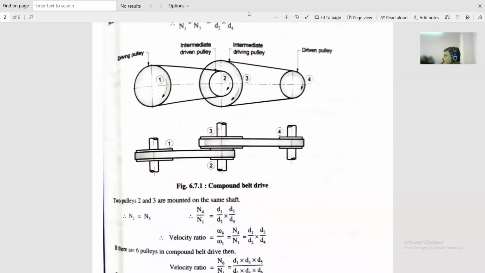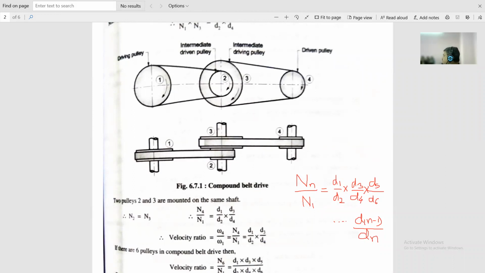Suppose your last driven pulley is N. So N divided by N1 is equal to D1 by D2 multiplied by D3, sorry, divided by D4 multiplied by D5 divided by D6, and so on, and here divided by Dn minus 1 divided by Dn, suffixed by n.